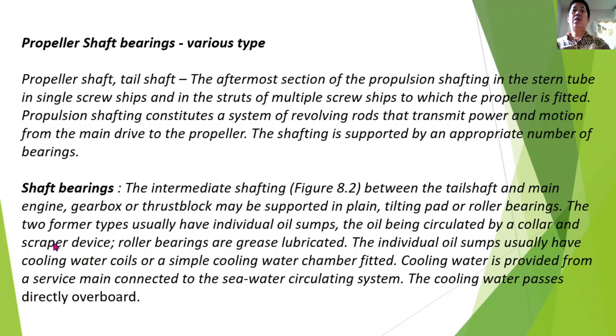So the two former types usually have individual oil sumps, the oil being circulated by a cooler and scraper device. The roller bearings are grease lubricated.